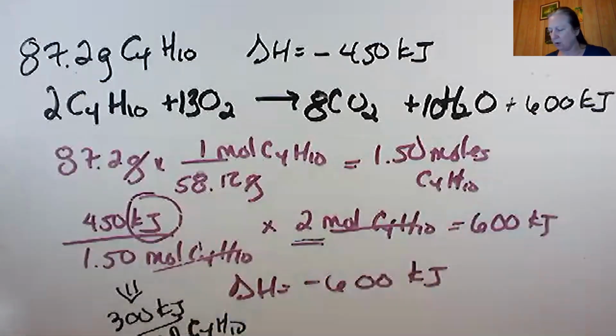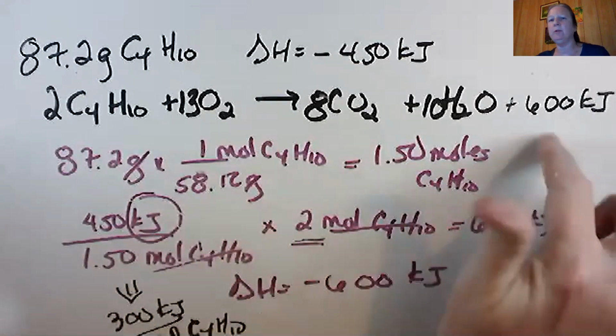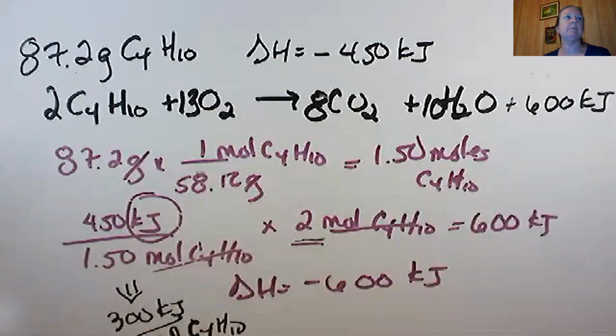So that's how, if you have energy data that you got from the lab, you calculate how to put it into a reaction equation. Okay, so practice it. Just like everything else we've been covering, the more you do it, the more comfortable you get with it.